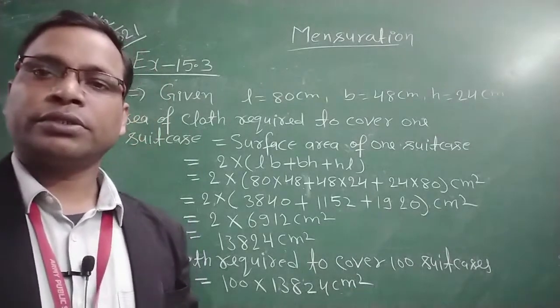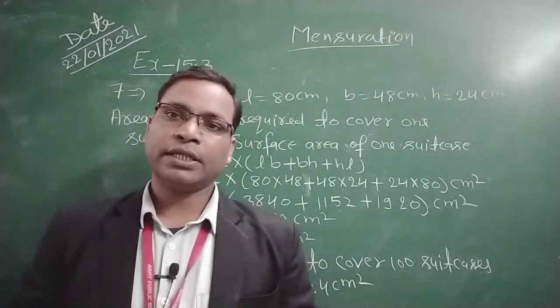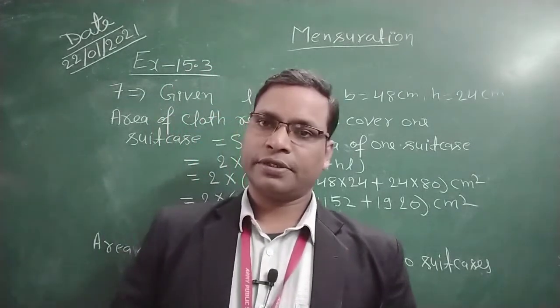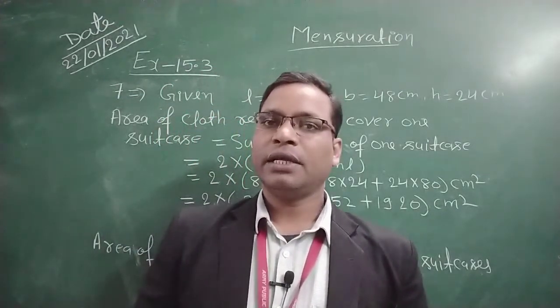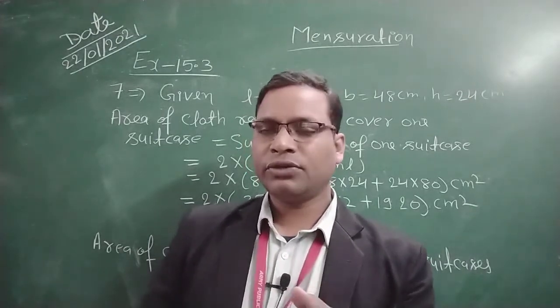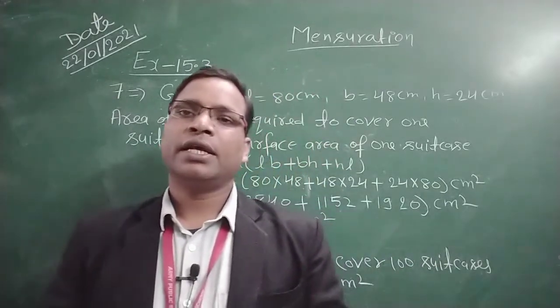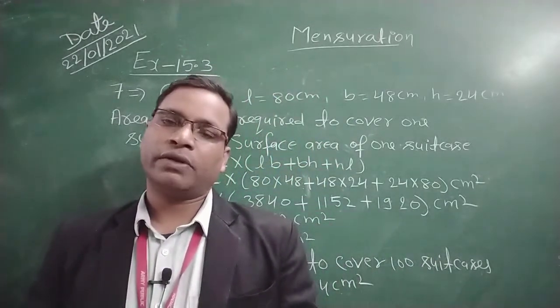In these questions, we need to find the length of tarpaulin. Okay, how do you find it? If you divide the area of one suitcase by 96, then you find the length of tarpaulin for one suitcase.